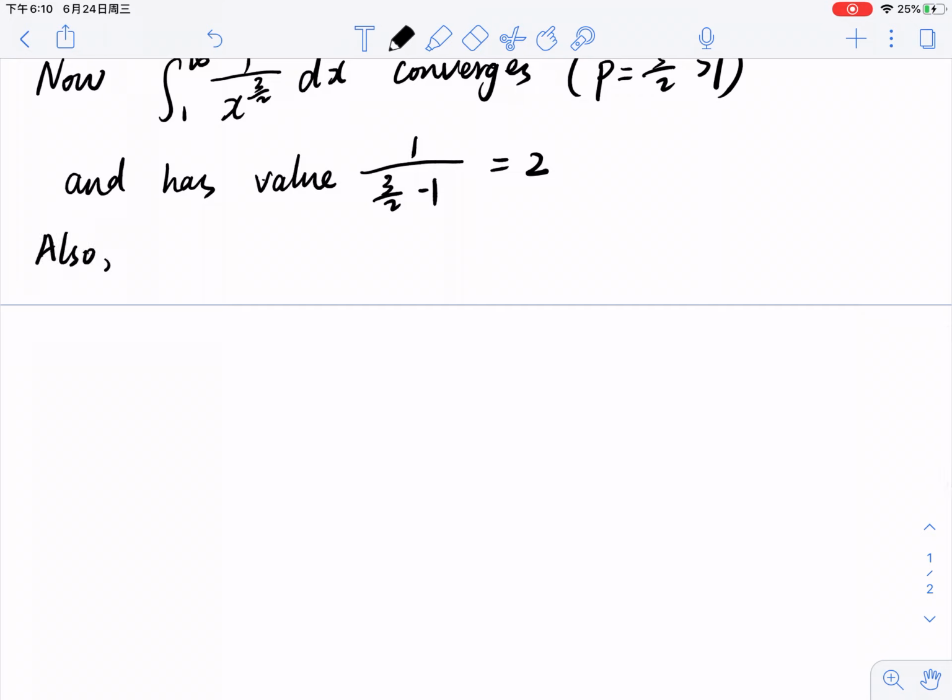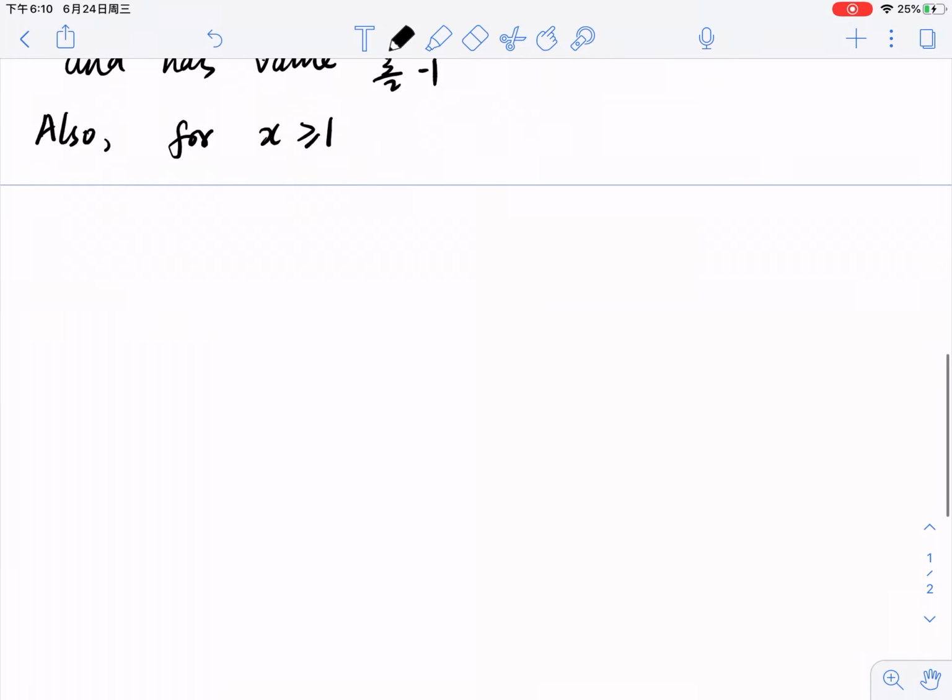Also, for x greater than or equal to 1, 1 over the square root of x cubed plus 5 is greater than or equal to 0 and less than or equal to 1 over x to the 3 over 2.